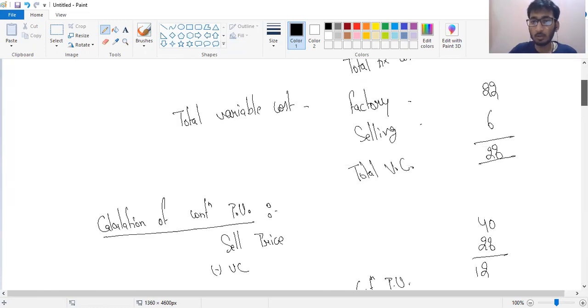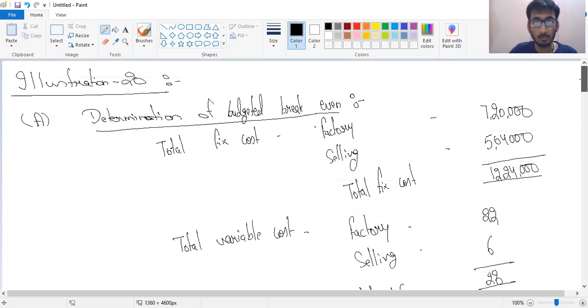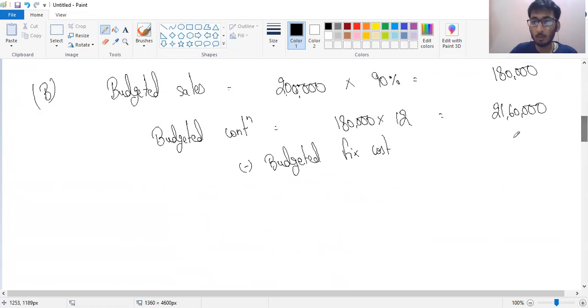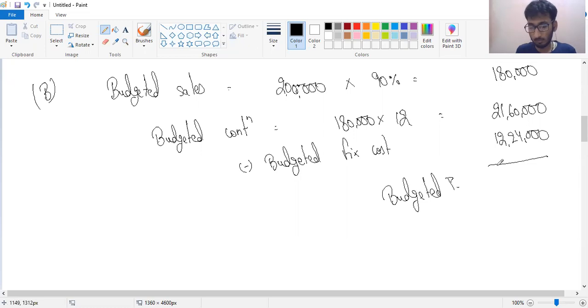So budgeted fixed cost is 12,24,000. So budgeted profit is 9 lakh 36,000. This is my budgeted profit.